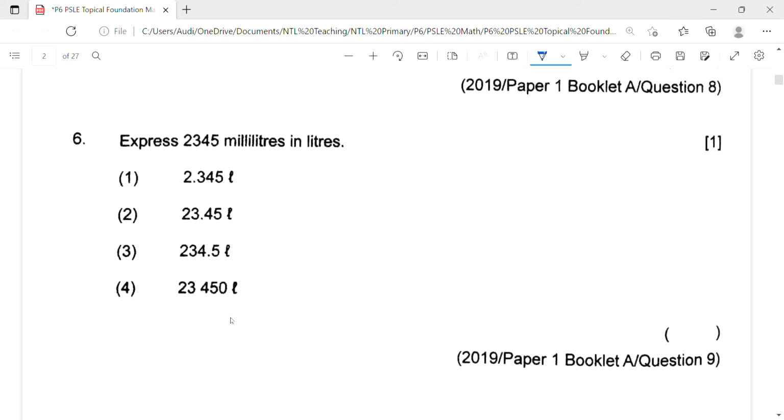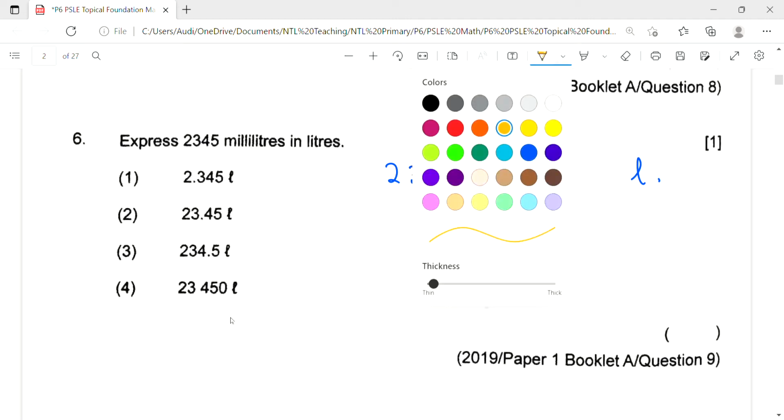6. Express 2345 milliliters in liters. When we want to convert milliliters to liters, we divide this number by 1000.